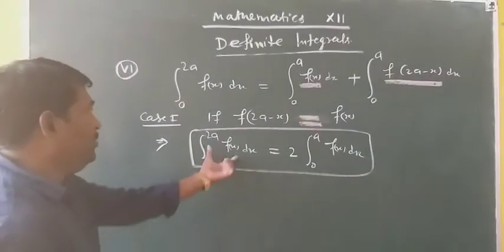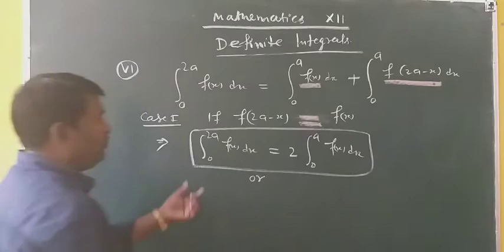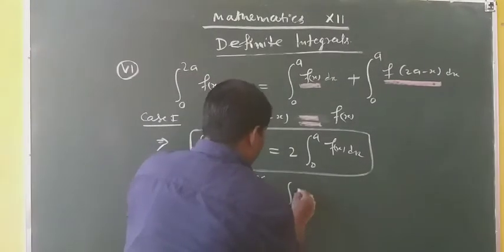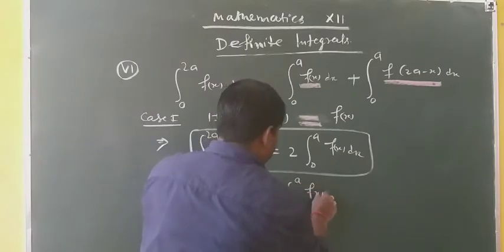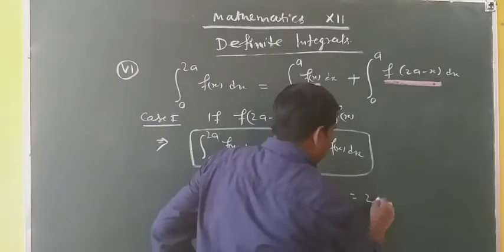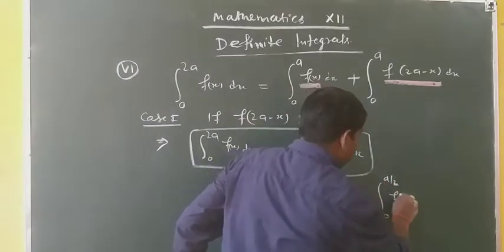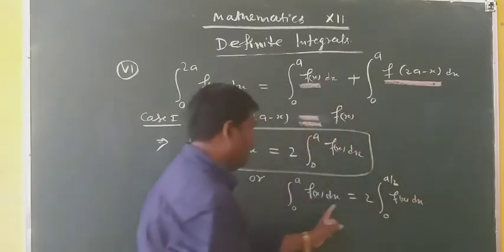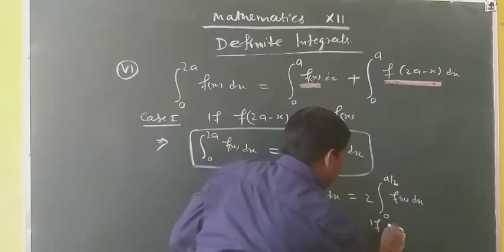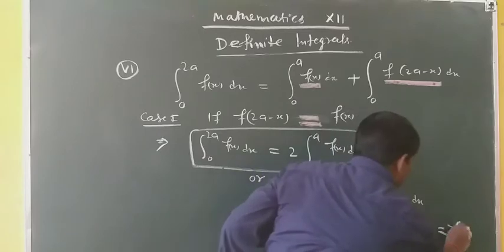This one you can understand like this: integral from 0 to 2a of f(x) dx is equal to 2 times integral from 0 to a of f(x) dx, with which condition? The condition should be: if f(2a minus x) is equal to f(x).